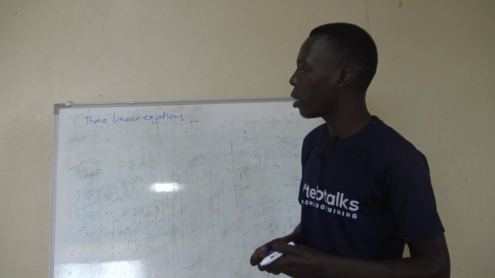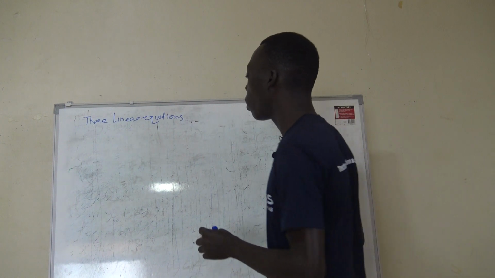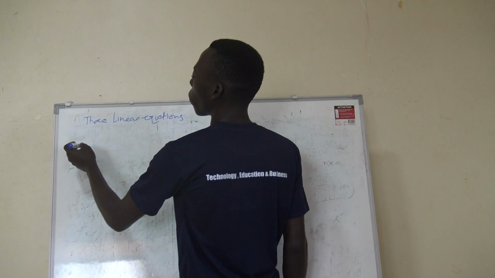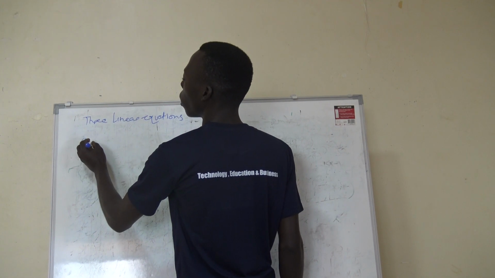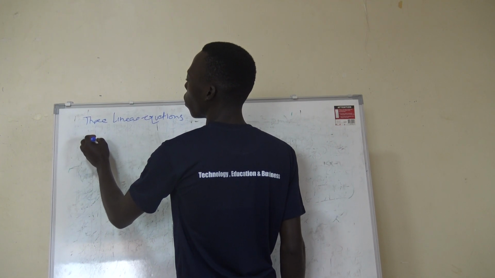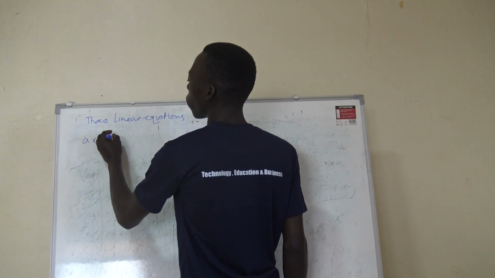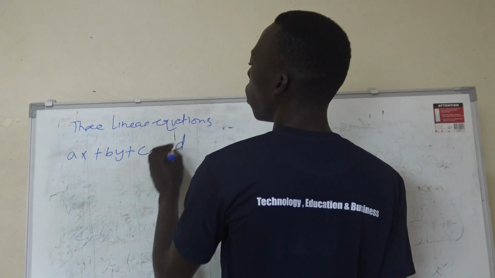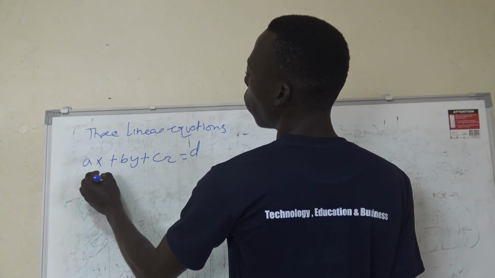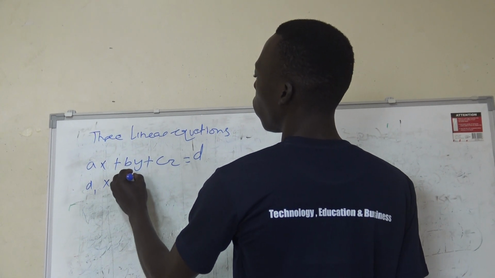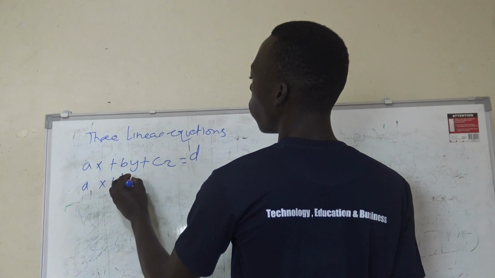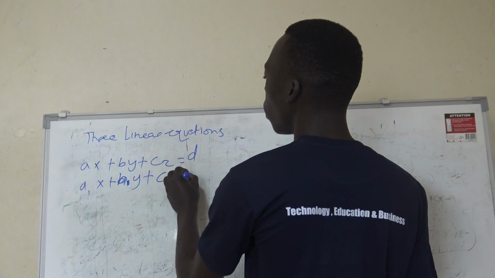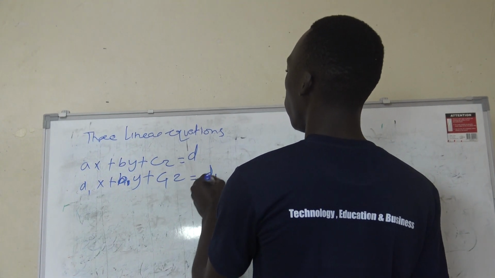The three equations can be set in the form, for example, a1 x plus b1 y plus c1 z equals d1.